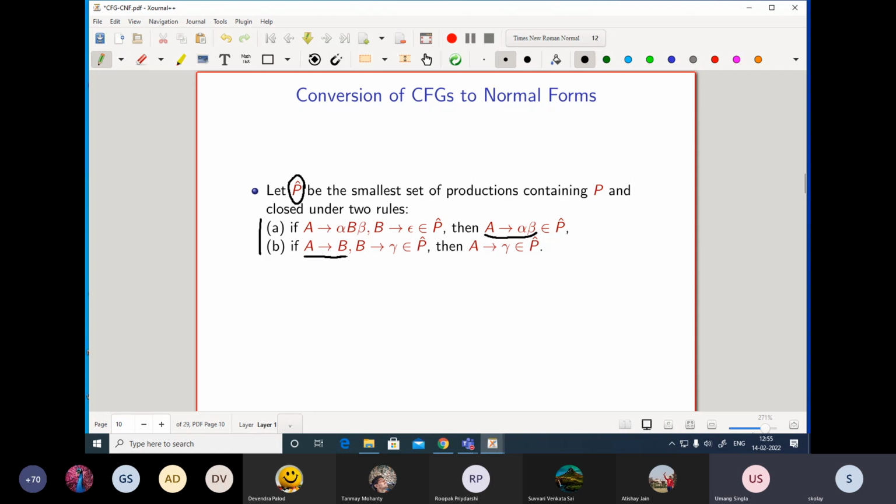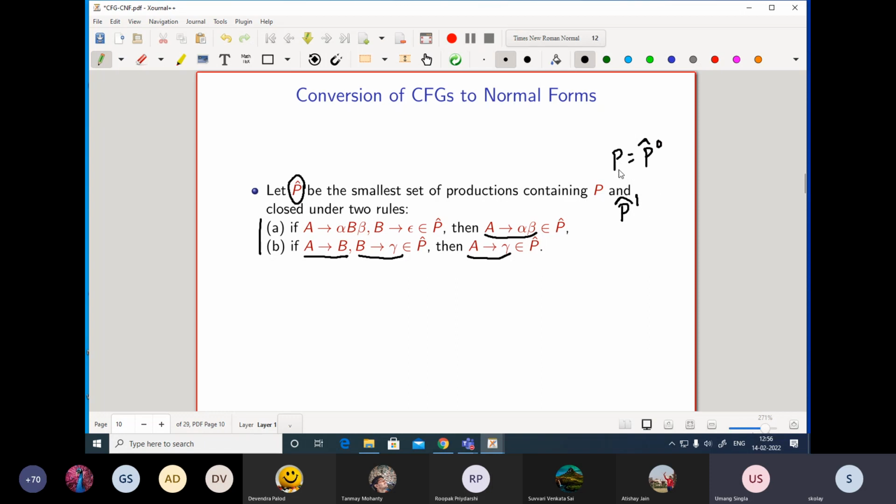Similarly, if you find A going to B and B going to gamma, firstly, let's just look at the productions in P. If I find two such productions, I'm going to add a new production A going to gamma. So now I have some extra productions in P hat 1. So P is equal to P hat 0.